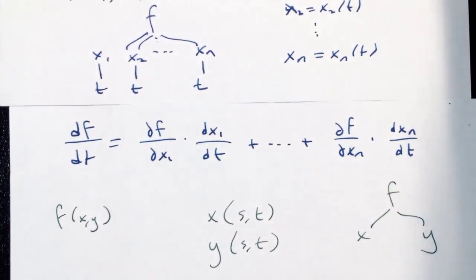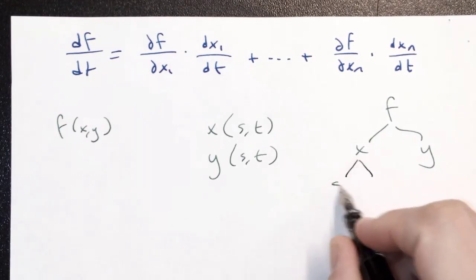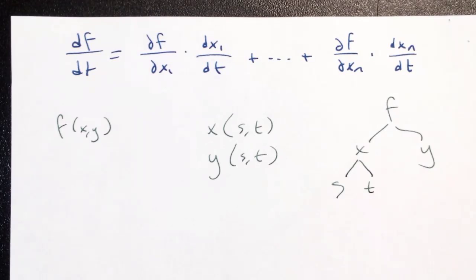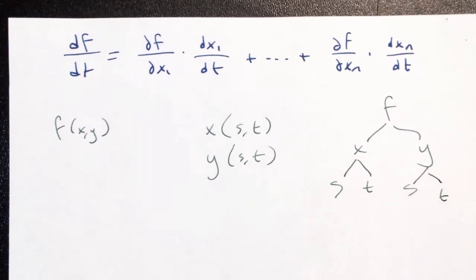But from x, I go to s and t, which means those are partials. And from y, I go to s and t, and those are partials. There is no other layer because there's nothing underneath that, right? There's no other variables involved. So that's as far as I need to go.